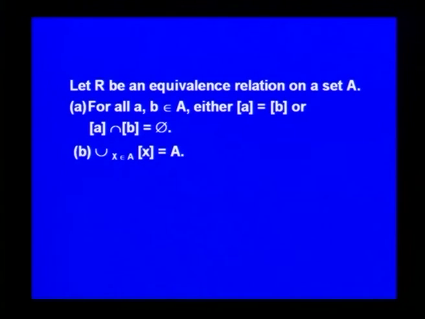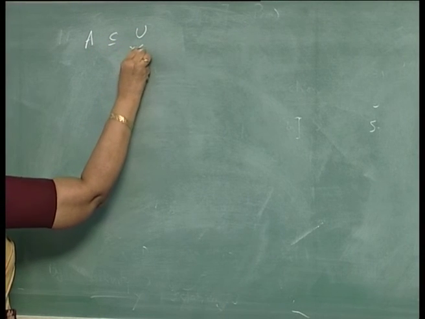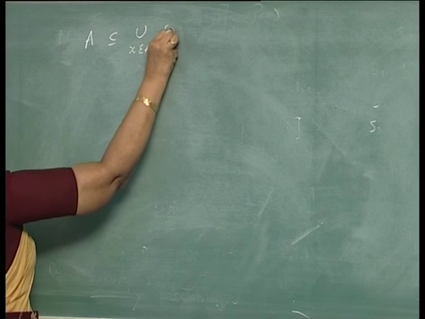The other way around, we can show that A is contained in the union over x belonging to A of the equivalence class of x.